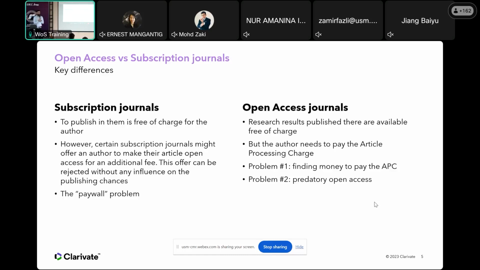So yeah, problem number one is how you find the money to fund it, and we've just discussed that normally it's the scientific funders, funding organizations that can block a part of their grants specifically for paying the article processing charges, in case, of course, they want the results to be published in an open access journal.